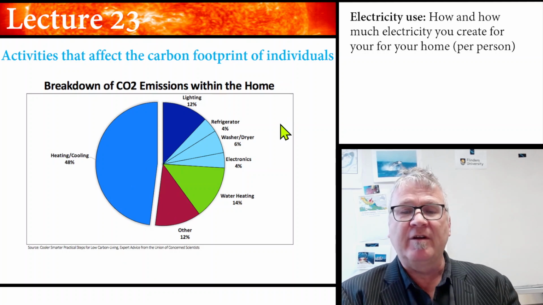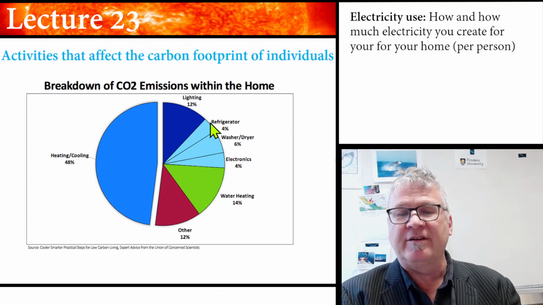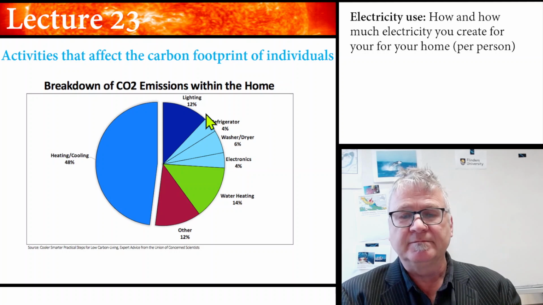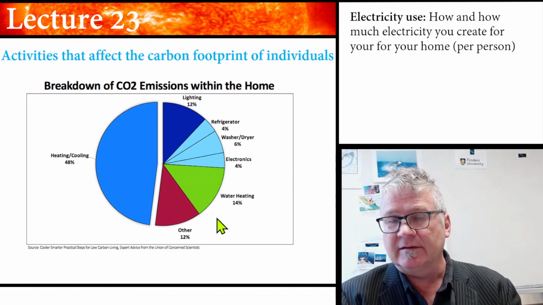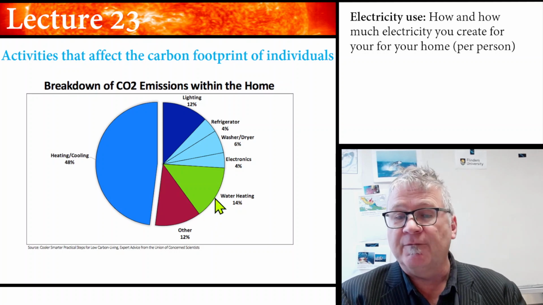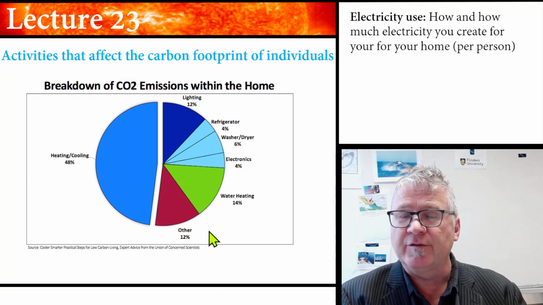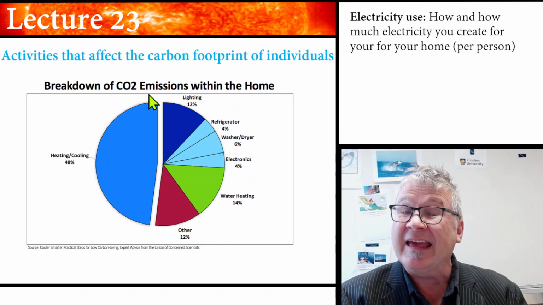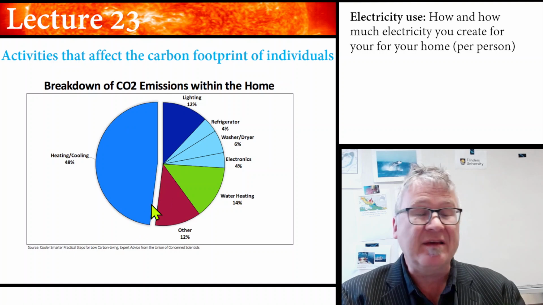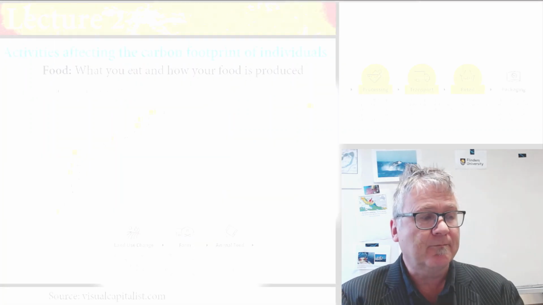Then you have refrigerator, washer, dryer, electronics, coming to something like 15% altogether. Water heating, for hot water generation, 14%, and other 12%. Again, heating and cooling is the biggest factor within your home.